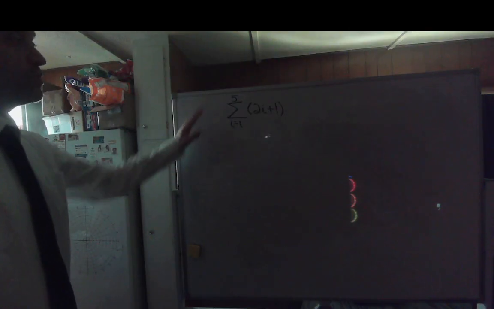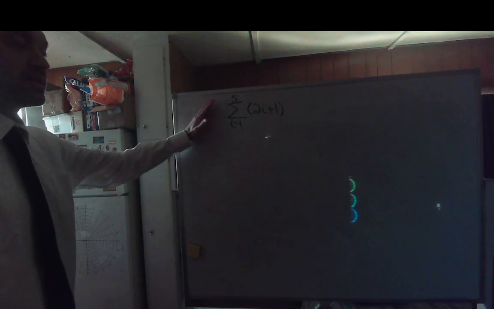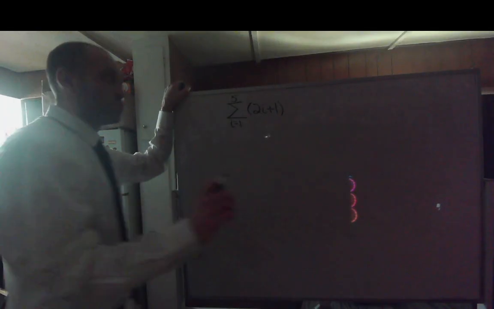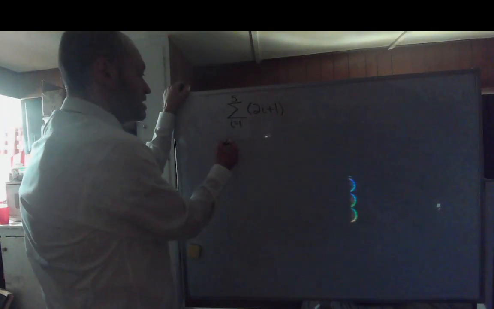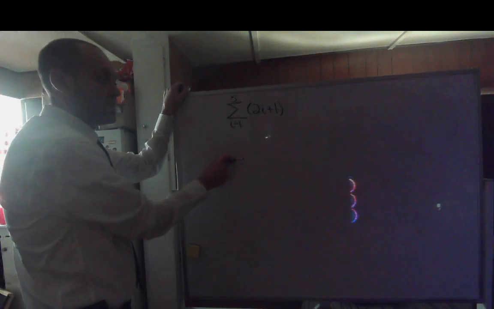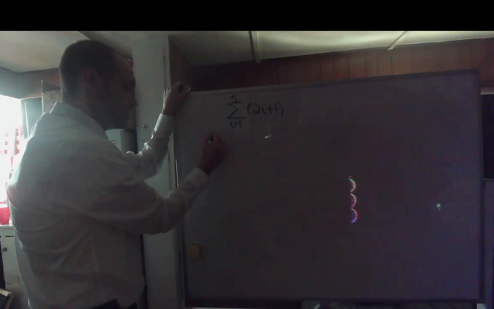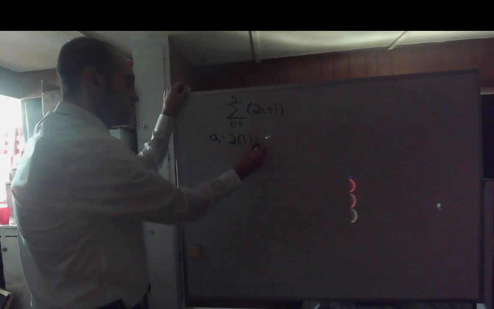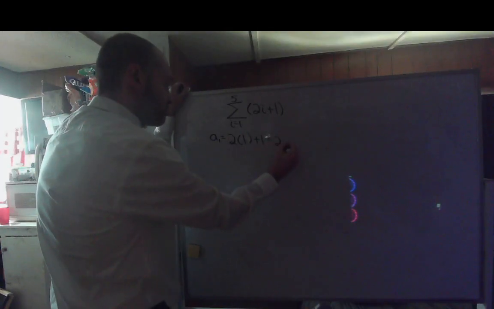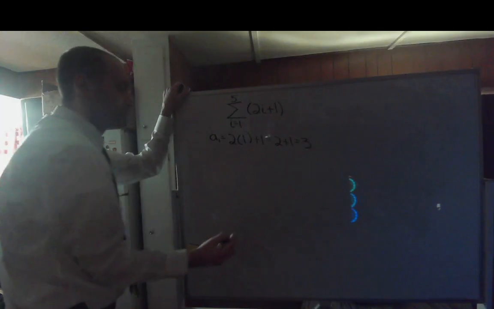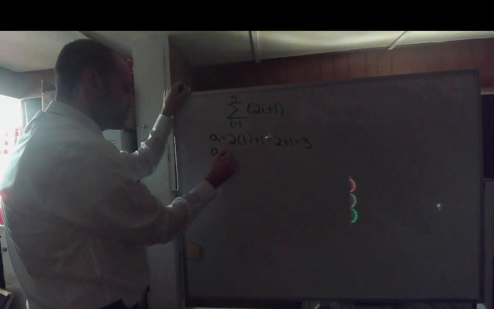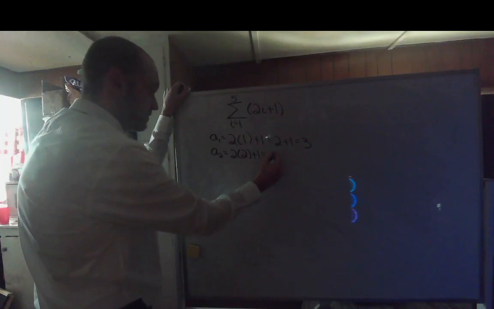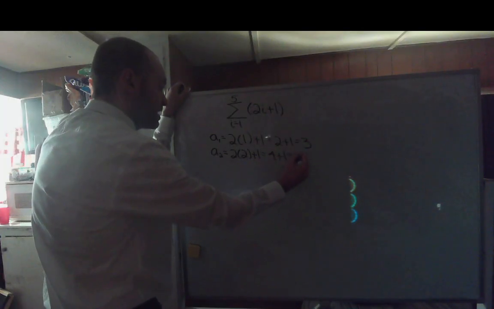So how would you approach something like this to find the sum? Well, you're going to treat this again largely like you would a sequence at first. So it goes from 1 to 5, that means you need to find the first 5 terms of the sequence. So a sub 1 equals 2 times 1 plus 1. Well, that's going to be 2 plus 1, which is 3. Then find a sub 2, that's going to equal 2 times 2 plus 1, which would be 4 plus 1, which equals 5.